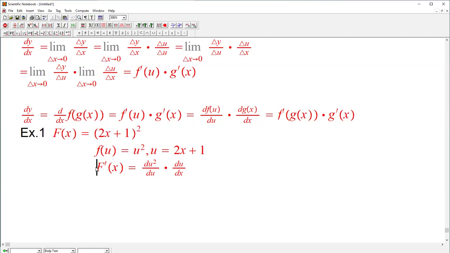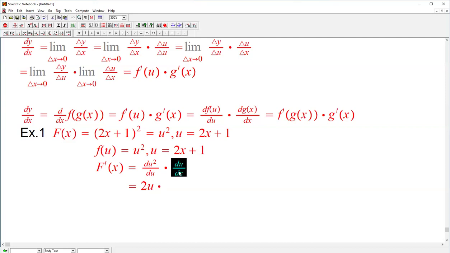So capital F of x, we take a derivative of the intermediate variable, which is u squared, f of u. So that's u squared, with u equals 2x plus 1. We're taking the derivative of u squared with respect to u. So in that case, we get 2 times u. So this way, you can see it's more concise.